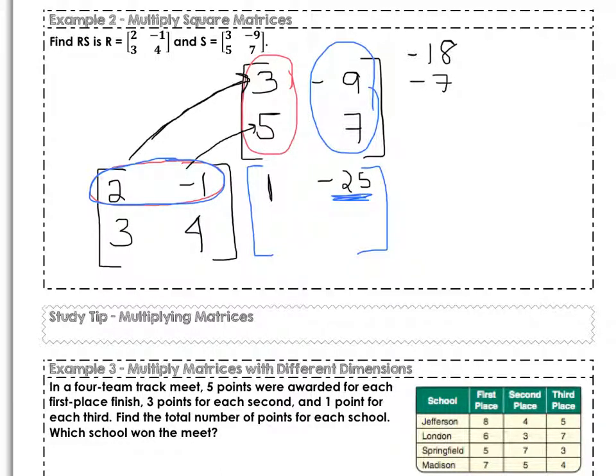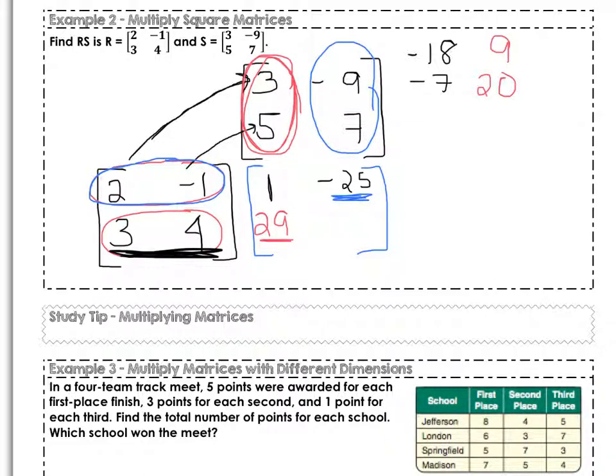Now we're going to move into row 2. Row 2 multiplied by column 1 is going to create my row 2, column 1 solution. 3 times 3 gets me 9. 4 times 5 gets me 20. 9 plus 20 gets me 29. Last one.